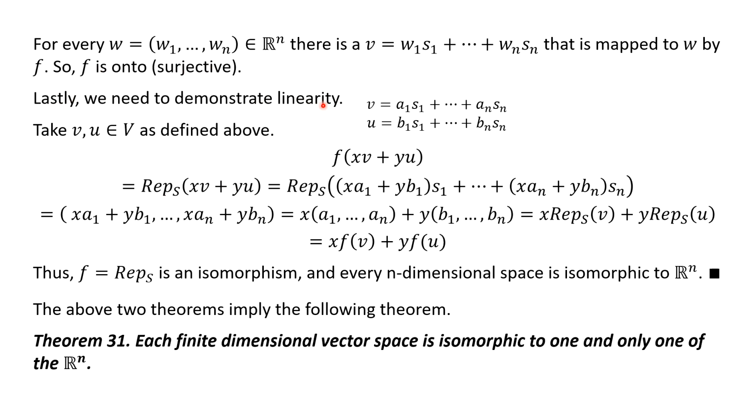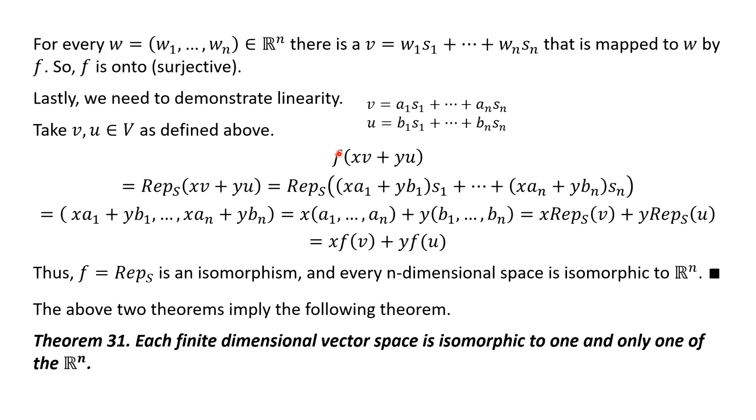Finally, we need to show linearity. So if we let v and u be as defined in the previous slide, which I've copied here, what we want to show is that f of xv plus yu, where x and y are scalars, equals this expression here, and that gives us the linearity.